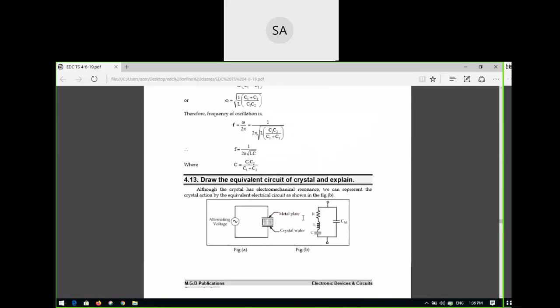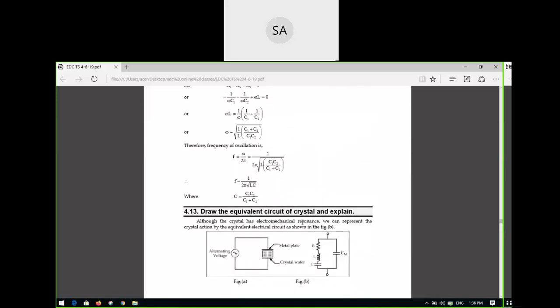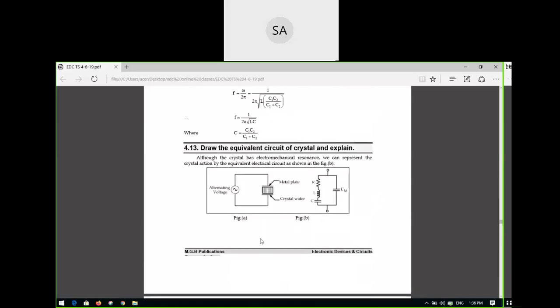So we will see the fourth chapter, different oscillators. We have completed Colpitts as well as Hartley. Now another type of oscillator we can see here is the crystal oscillator. It is the best oscillator compared to all other oscillators because it is a fixed frequency oscillator.